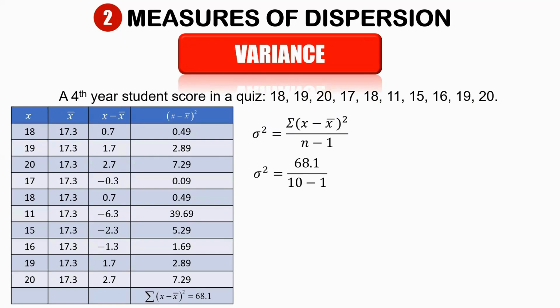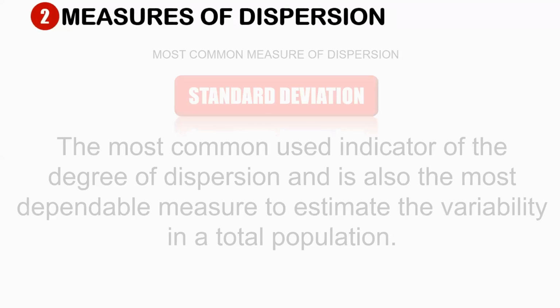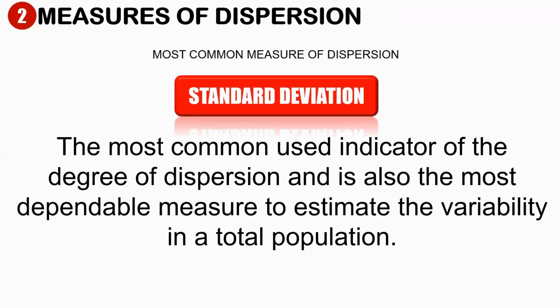Our n is 10. So let us simplify this equation. We have 68.1 divided by 9, that is equal to 7.57. So therefore, the sample variance of this given ungrouped data is equal to 7.57.